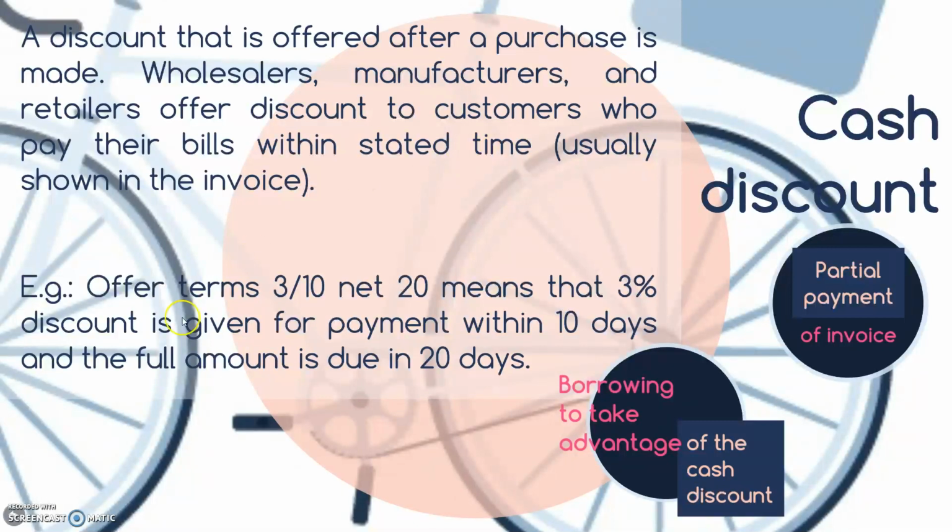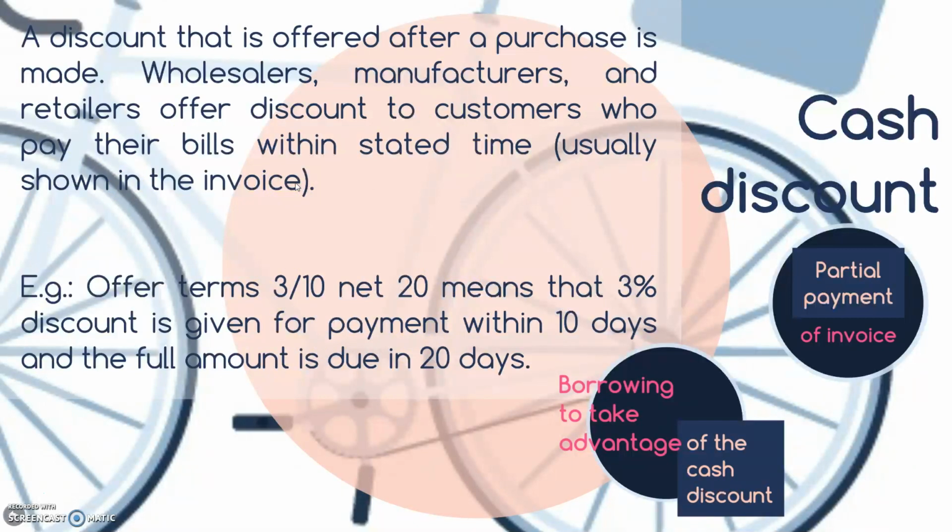Alright, let's look at this example. Offer terms: 3/10 net 20. This is the kind of terms usually given when they want to give a cash discount. And this kind of terms, if there's any cash discount, is shown in the invoice.